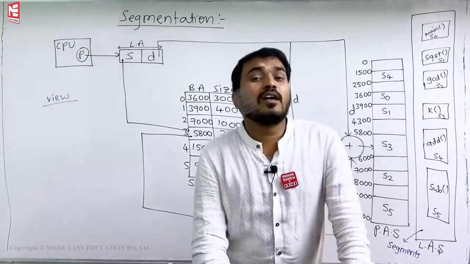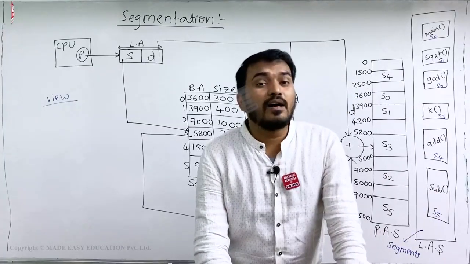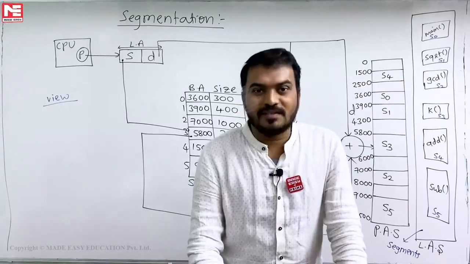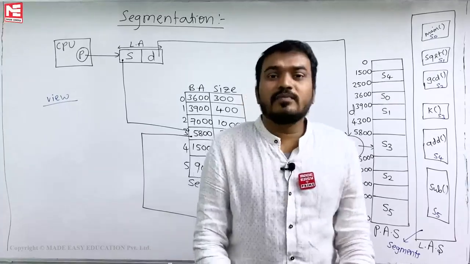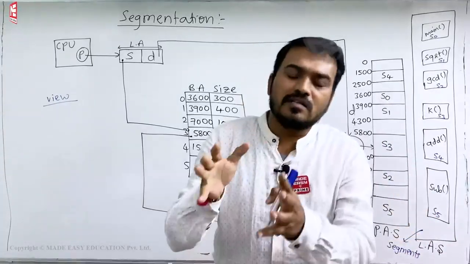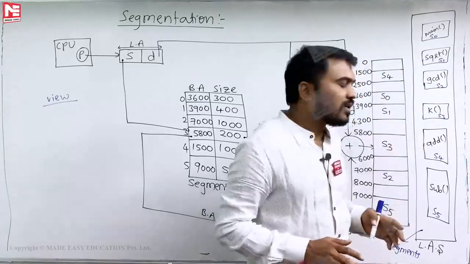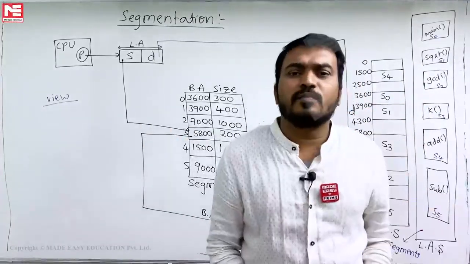Generally, your program will contain various sets of methods, various functions, or various modules. You have a main function, a GCD function, a square root function, an addition function, different functions in your program.